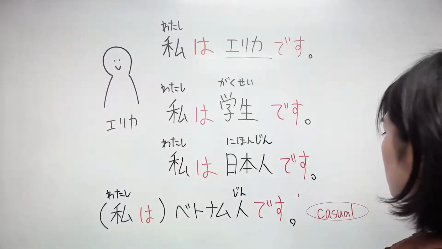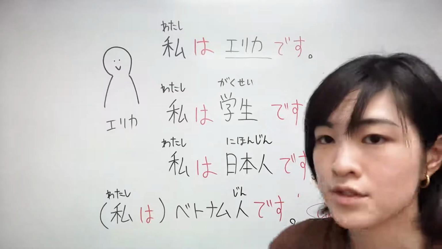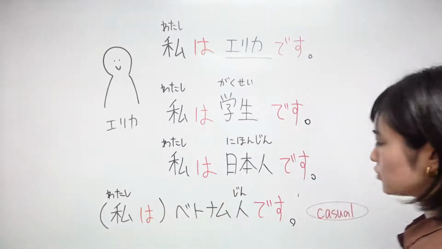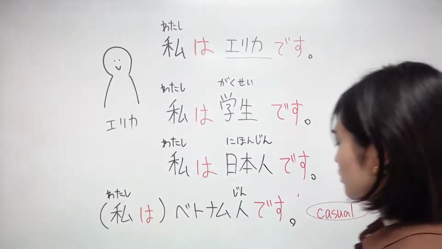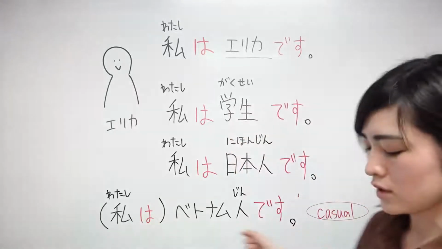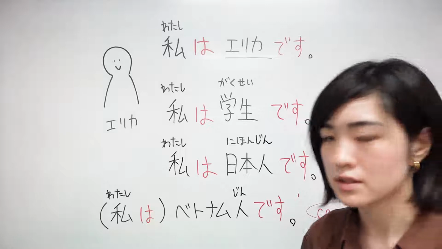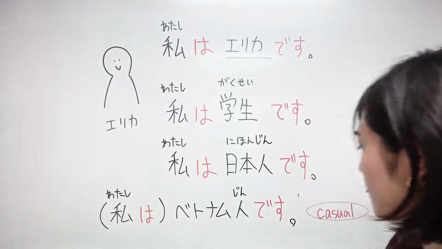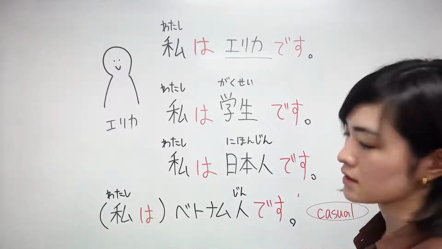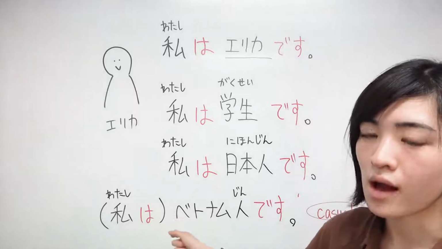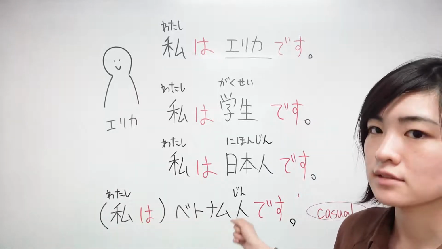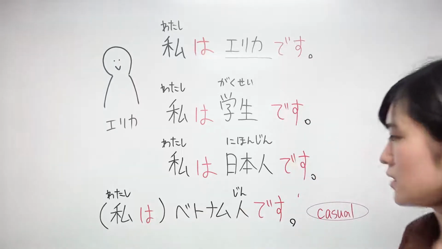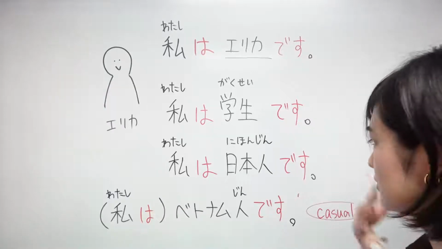Let's look at another sentence. In Japanese, sometimes you don't say the subject. You don't have to say the subject. So, for example, when you want to say, I am Vietnamese. 私はベトナム人です。This is the usual way to say I am something.